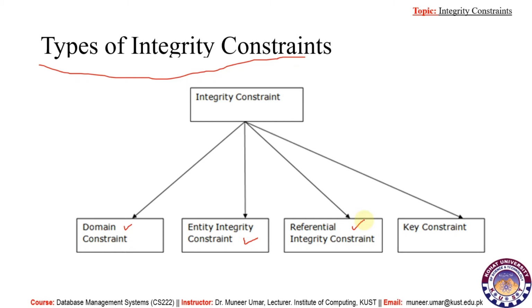This type of constraint focuses on the connectivity of two tables. If two tables are connected, there is some sort of relationship between them, then it must also follow some rules for the connectivity of the instances in both tables. Then the last one is key constraint. The key constraint is also about the primary key, and in this constraint we will check the duplication of primary key values.